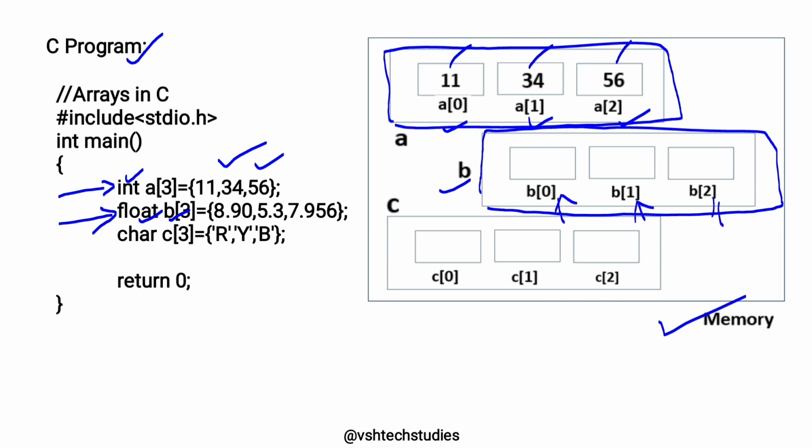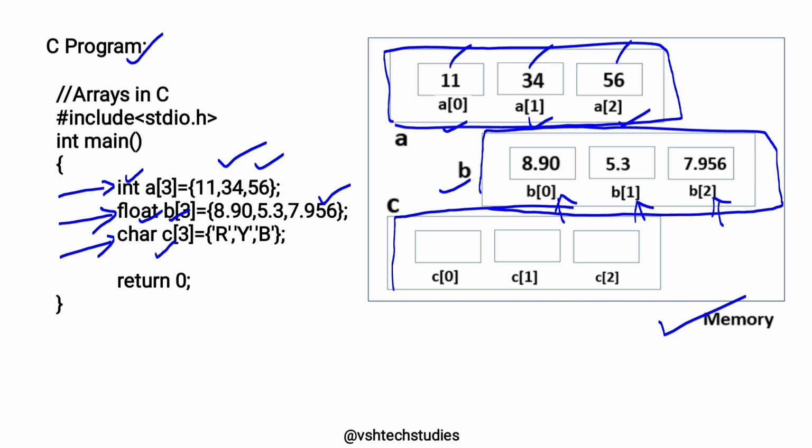Each memory location is identified by the same name B, but the value of the index varies from 0 to 2. As per this initialization, B[0] will have 8.90, then B[1] 5.3 and B[2] 7.956.